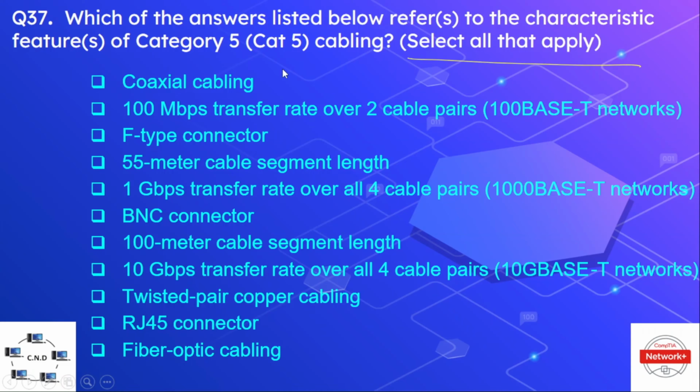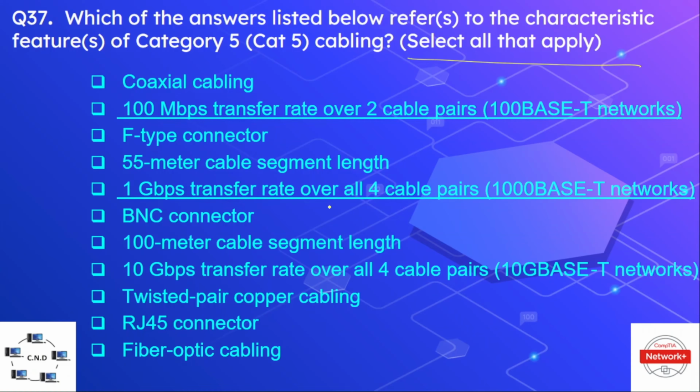Let's go straight to the correct options, and these are that Cat 5 has a maximum data transfer rate of 100 Mbps over two cable pairs, that is 100 base T networks, and that it has a 1 gigabit per second transfer rate over all four cable pairs, that is 1000 base T network, and it has 100-meter cable segment length capability, and that it uses RJ45 connector, as well as it is also known as twisted pair copper cabling. So these all are the correct options.